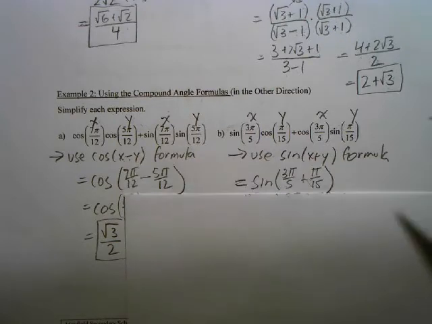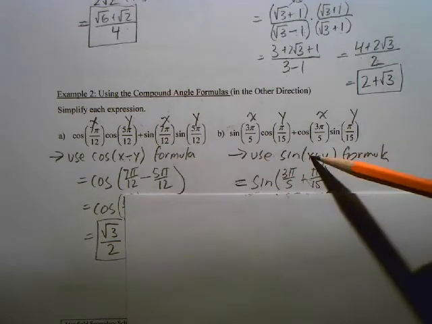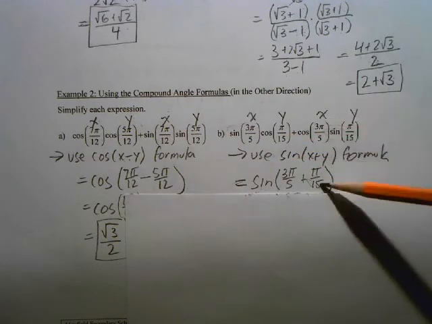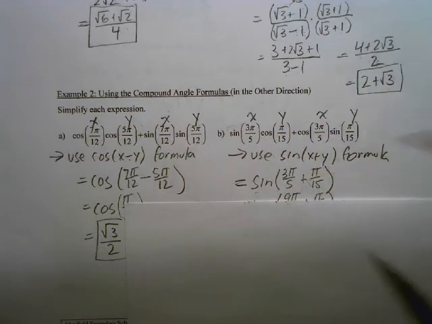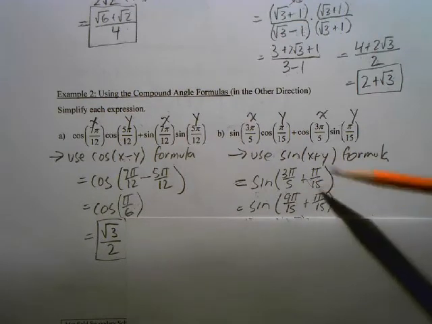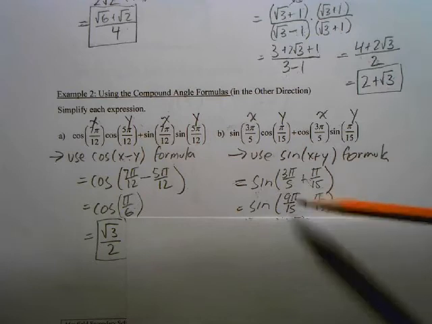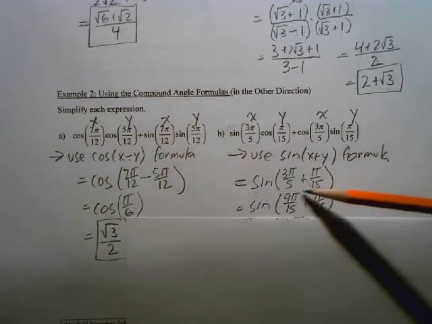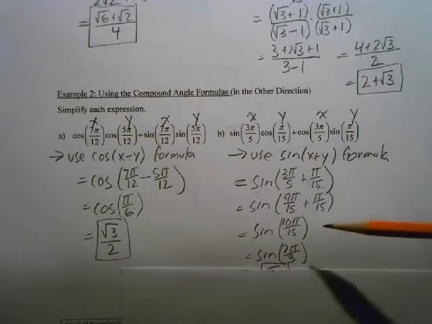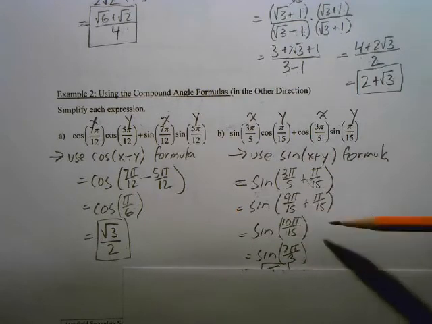So basically I replace the x with 3 pi by 5 and the y with pi by 15, and add them together inside. So I need a common denominator this time. 3 pi by 5 is the same as 9 pi by 15. Add them together, I get 10 pi by 15, which is really, I can divide top and bottom by 5.